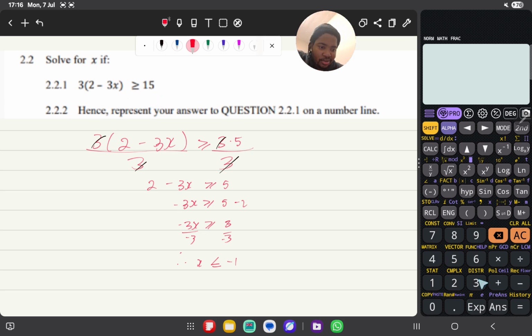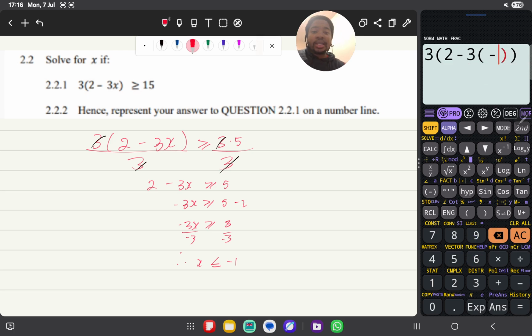Let's put it to a test. You have 3 times 2 minus 3 into what? Let's start with minus 1. Minus 1, we get 15. Because there's an equal sign, it is fine.